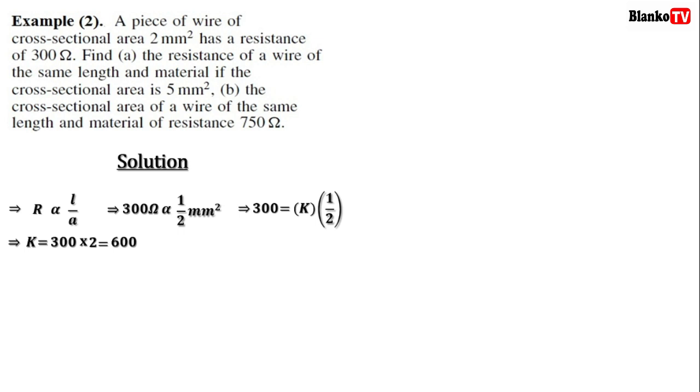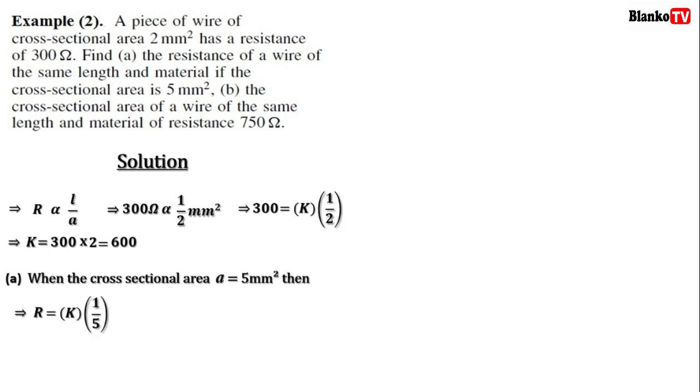Now that we have calculated the coefficient of proportionality, which is K, let's solve question A. Question A says we should find the resistance of a wire of the same length and material if the cross-sectional area is 5 millimeter squared. So when the cross-sectional area A is 5 millimeter squared, our resistance R is going to be K multiplying 1 over 5, that is the length over the cross-sectional area.